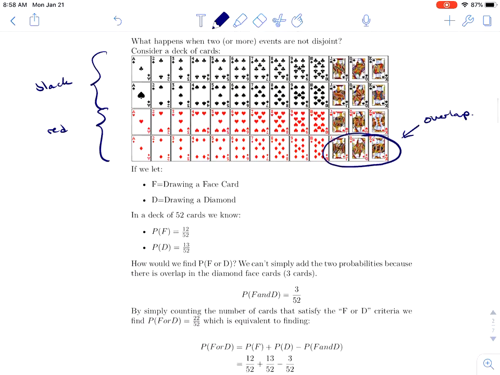So if we let F be drawing a face card and D be drawing a diamond, F and D are not disjoint.